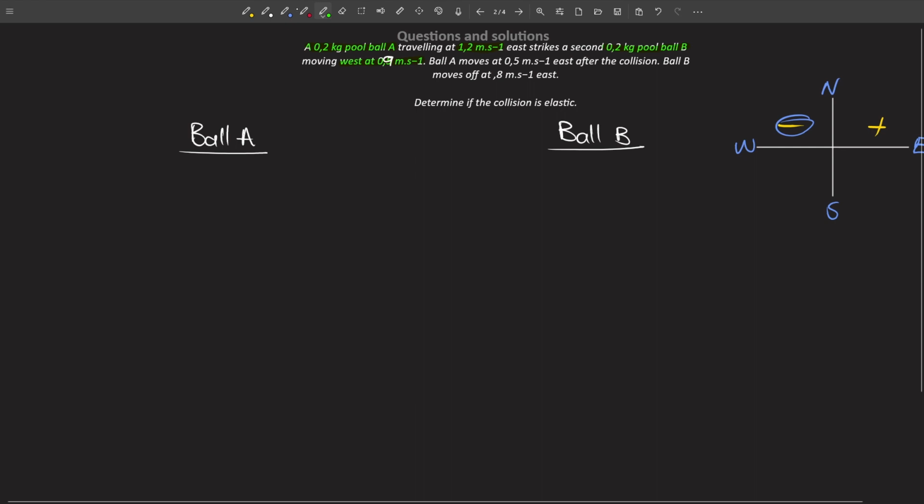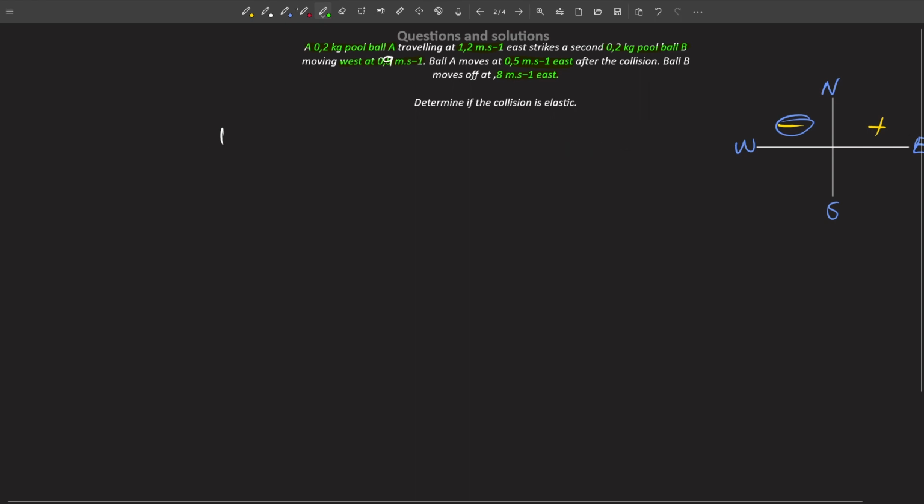Ball A moves at 0.5 meters per second east after collision, and ball B moves at 0.8 meters per second east. Determine if the collision is elastic or inelastic.